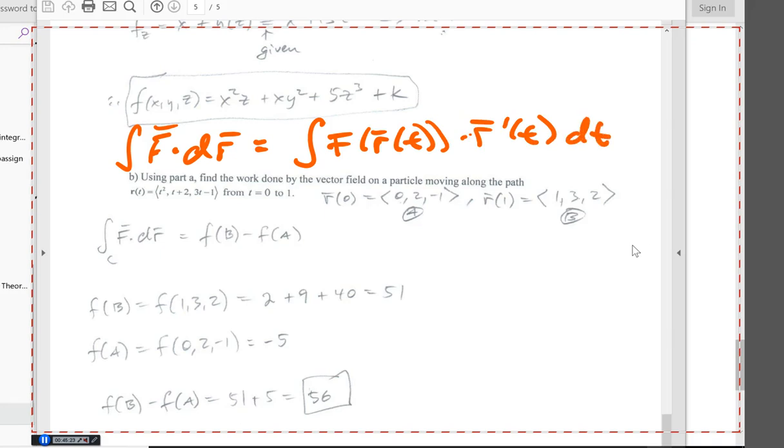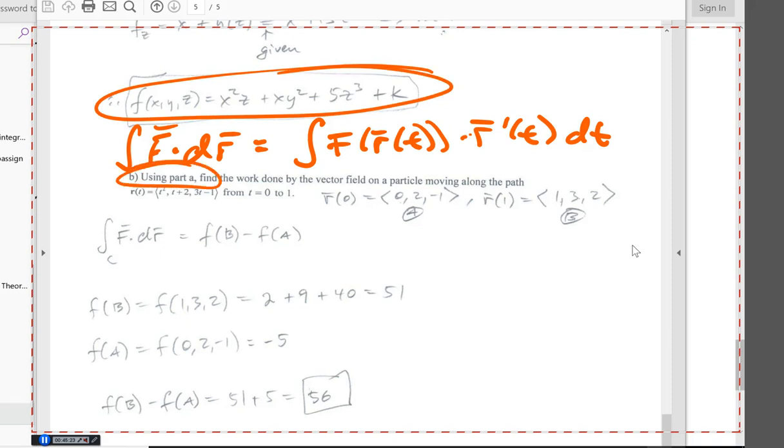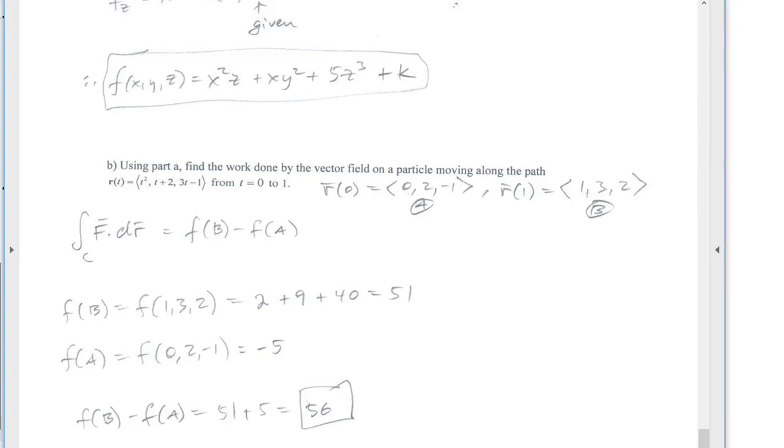So if you can, use the potential function. That's what it's there for. It says using part A. I didn't count off if you did it this way. I really just felt bad if you did, because it's a lot more work, and it was almost a miracle if you actually got the right answer from that. I'm not shaming you for doing it whatever way you did it, I'm just saying, use what you got.